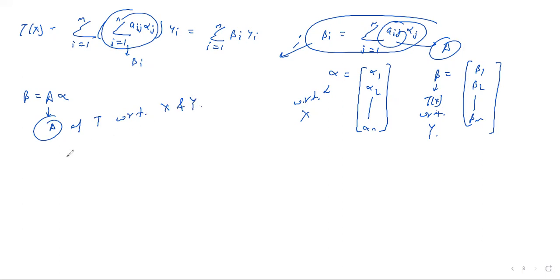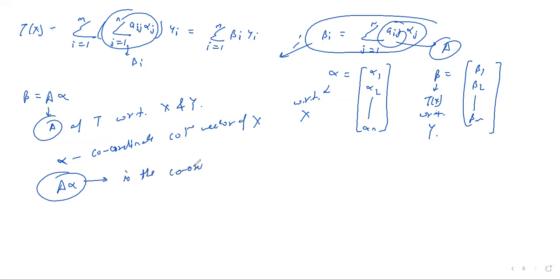And if alpha is the coordinate column vector of x with respect to the basis x, then A alpha, the multiplication of the matrix A and the vector alpha, is the coordinate vector of Tx with respect to y.